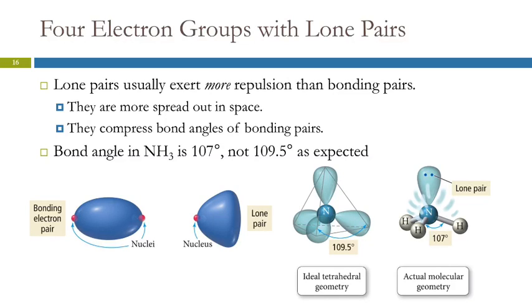Those lone pairs, not only are they repulsive, they're actually more repulsive than the bonding pairs. And so they spread out more in space. And here's an illustration of that. So here would be a bonding pair of electrons between 2 nuclei. And they're kind of confined to this space. Here would be a lone pair on a nucleus. It's not confined on the other side by being close to another nucleus.